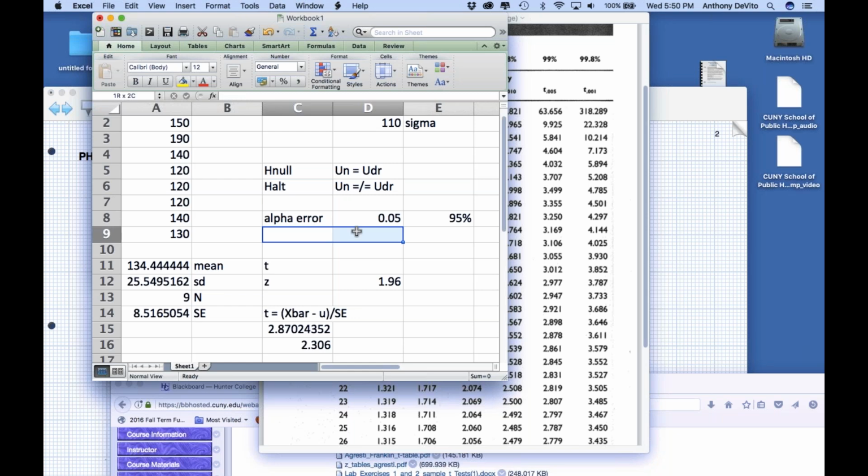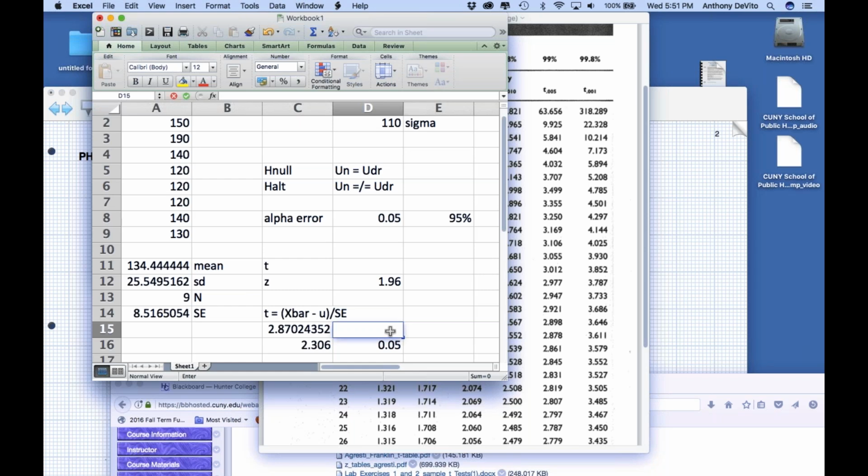Now, when I do this with SPSS, not only will I see what the t-score is, but SPSS will give me the probability too. A t-score of 2.306 means that you have exactly a 5% chance of being wrong if you reject the null hypothesis. If your t-score is bigger, the probability that you would reject your null hypothesis and be wrong is smaller than 5% because your t-score is bigger than you need it to be.